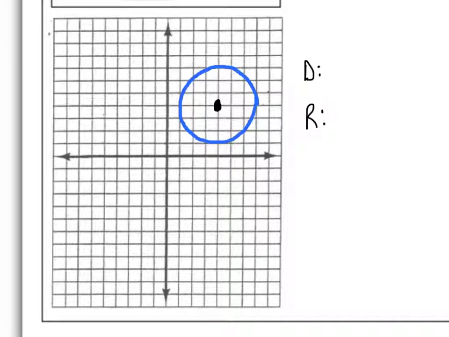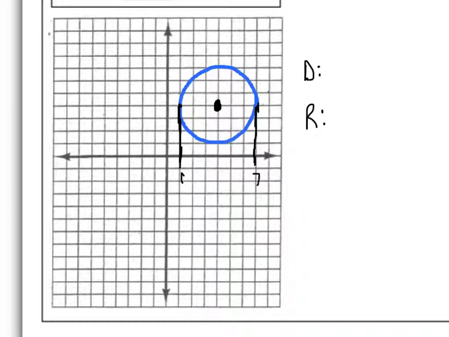All right. Looking at the domain first. So our possible x values. Sometimes it might be easier to draw yourself boundaries here. Okay, saying, well, the smallest x value that I can have is going to be right there. 1. Smallest x value I can have. Biggest x value I can have is right there. 7.